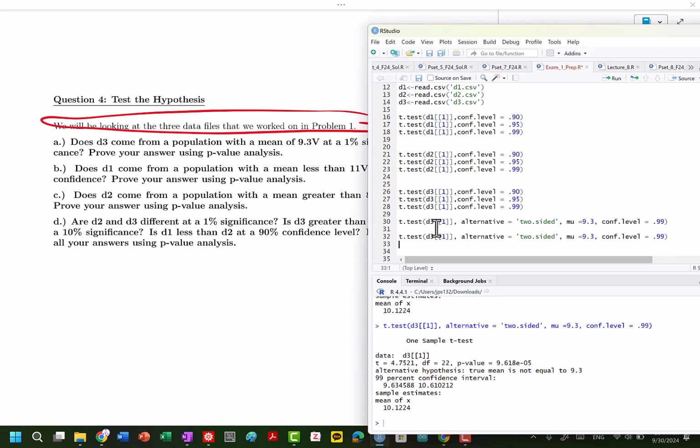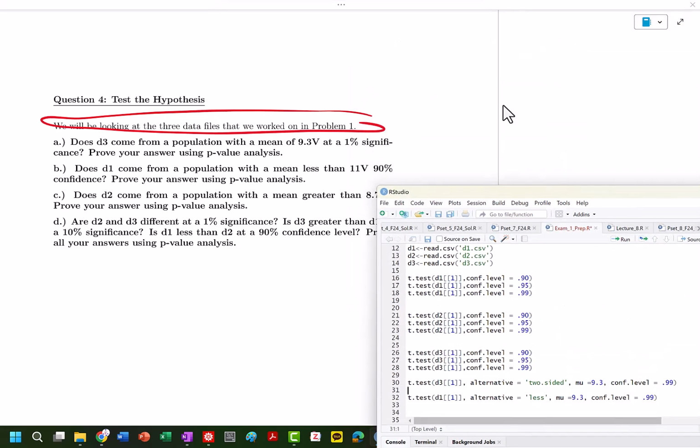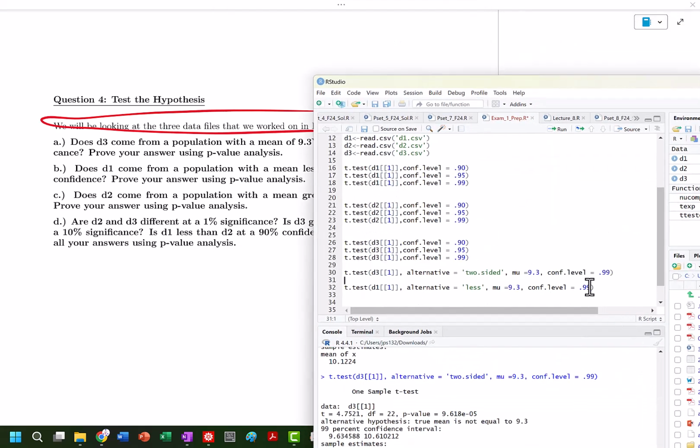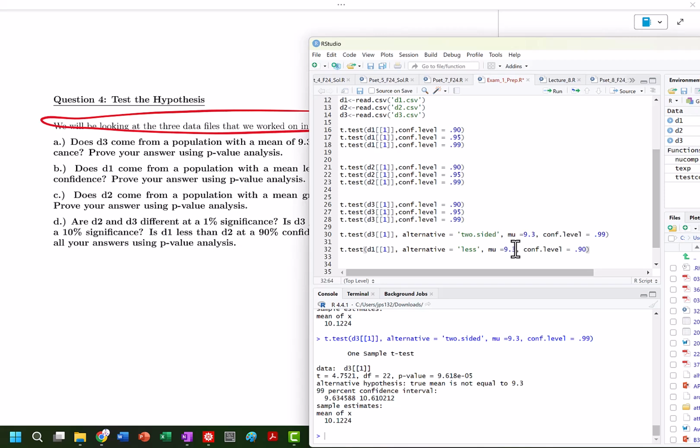What about the next question here. Does D1 come from a population with a mean less than, what are less? Let's see, what is the question? Less than at a 90% confidence, and then it was less than 11. So mu is 11 here.